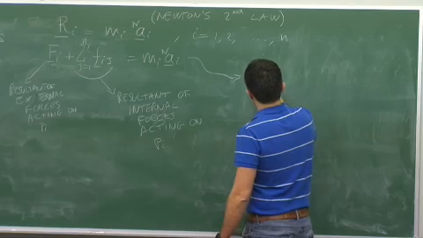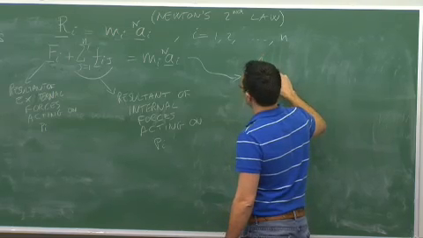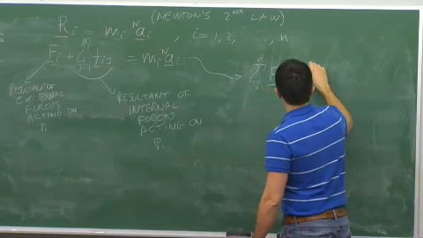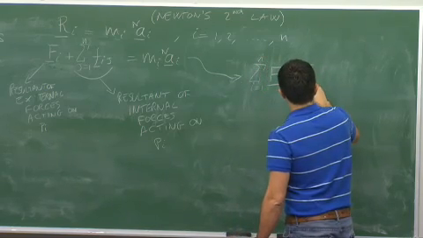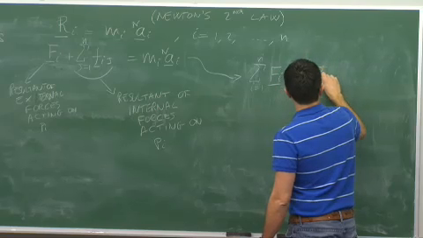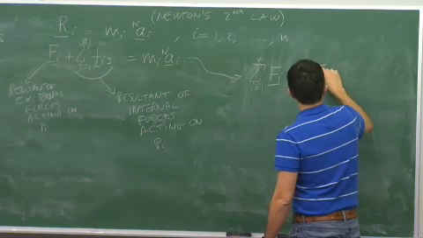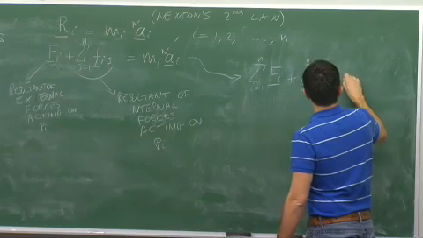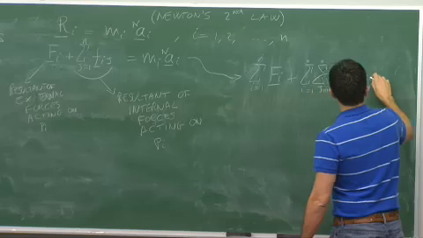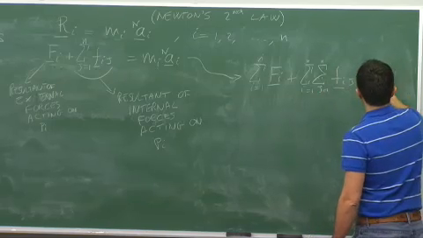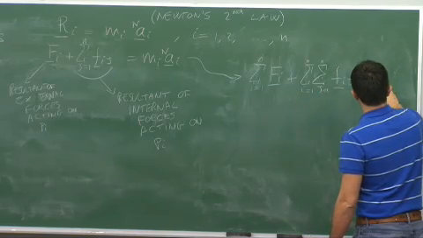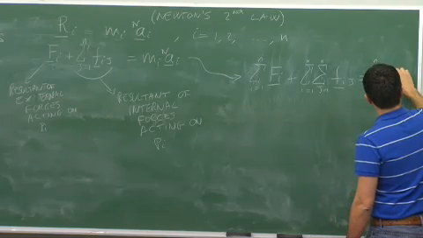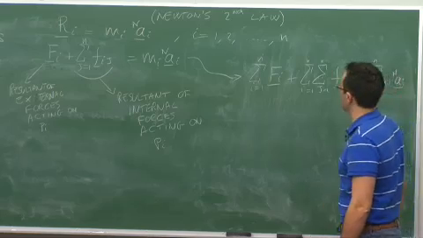So summation over i, 1 to n of Fi, plus, now I have here summation over i, 1 to n, and then summation over j, 1 to n of Fij, is equal to summation over i, 1 to n of mi, the acceleration of the particles in the inertial reference frame.